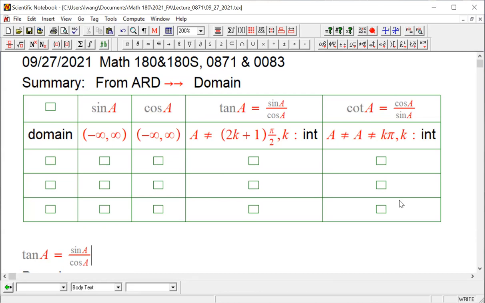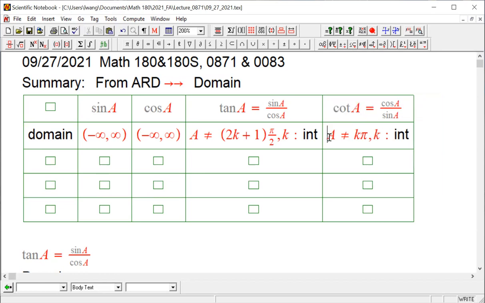Professor, is it important to mention for the domain of tangent and cotangent also negative infinity to infinity, then the exceptions, that A cannot be those? Are you talking about domain? You're talking about range?